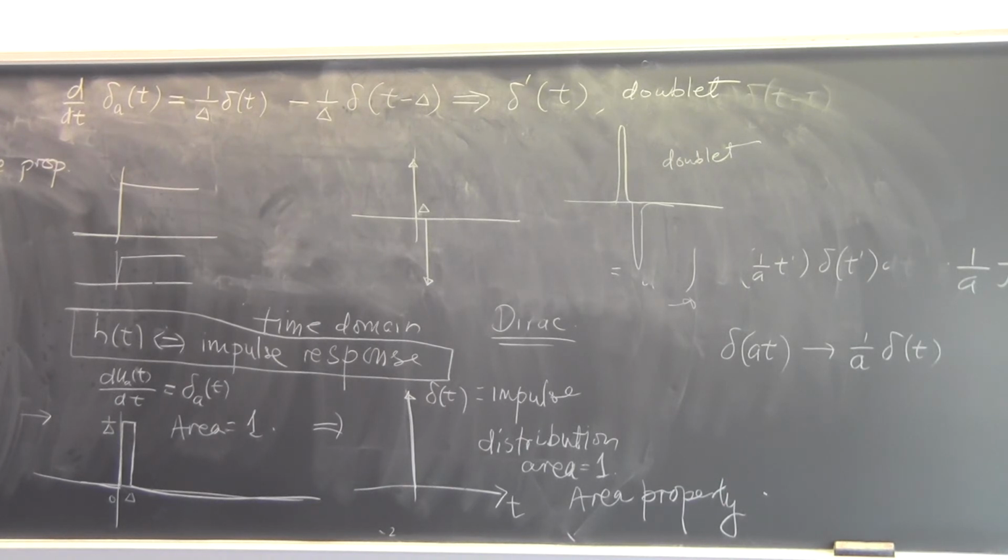So what is the property of a doublet? Let's look at this: when you multiply a function with a doublet and integrate, what do you get? The first thing I should do is apply the integration by parts rule, because I see an exact derivative over here.